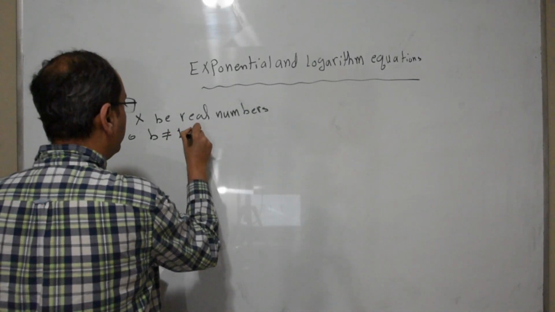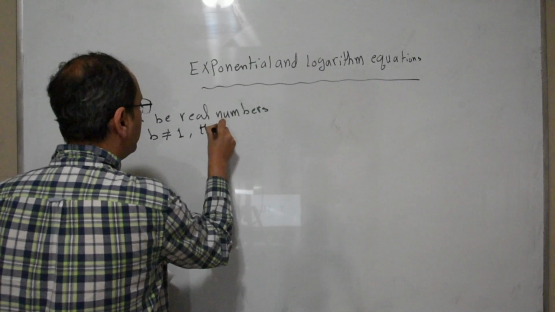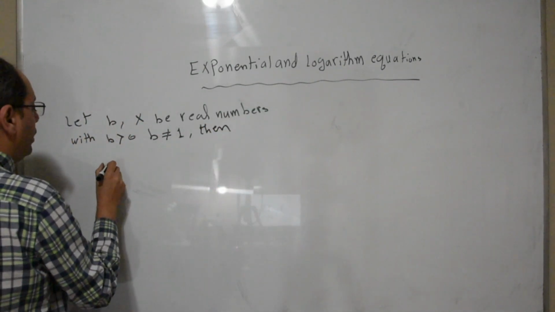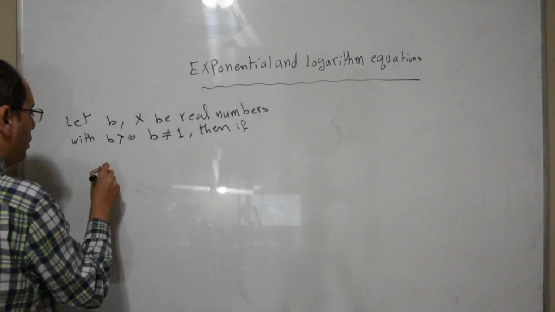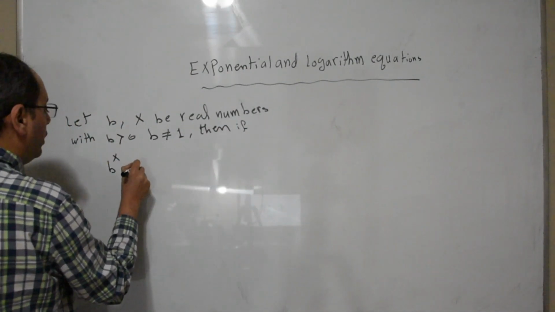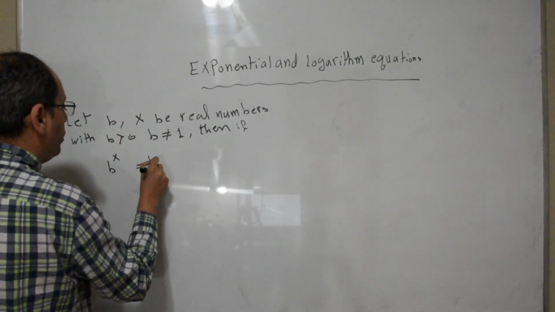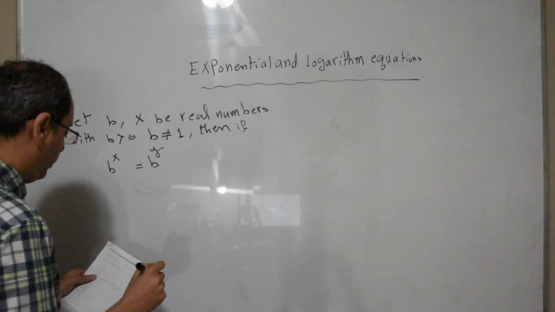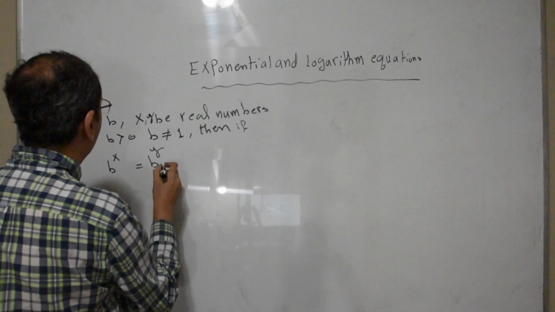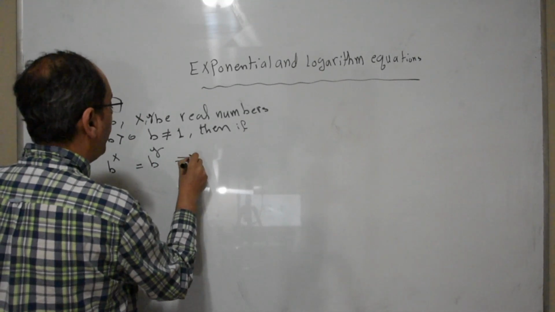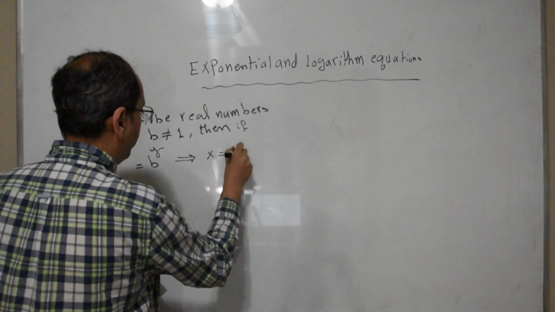Then if b to the x equals b to the y, actually it must be y here too, that implies that x equals y.